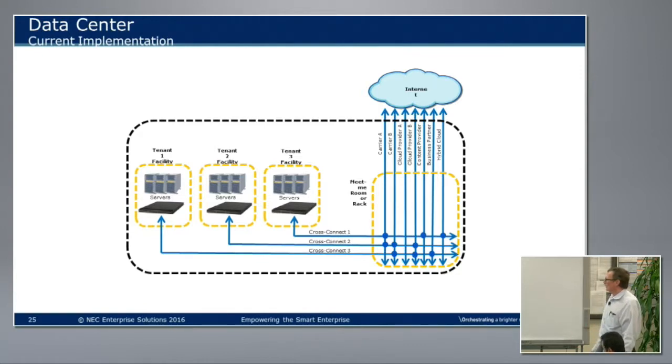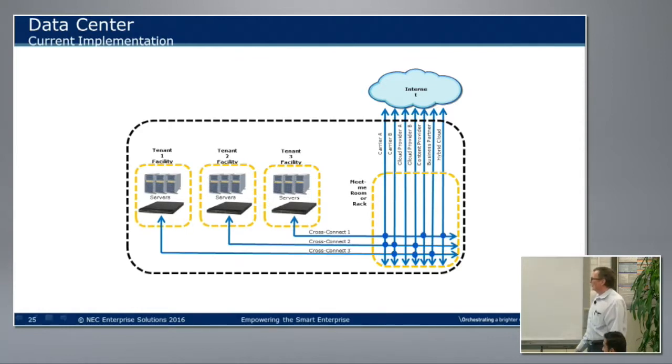Now let's assume a data center with multiple tenants. Each tenant has a facility inside the data center in the yellow squares there. Each facility has a number of servers and all the networks that connect those servers, and maybe even a router to access the WAN.